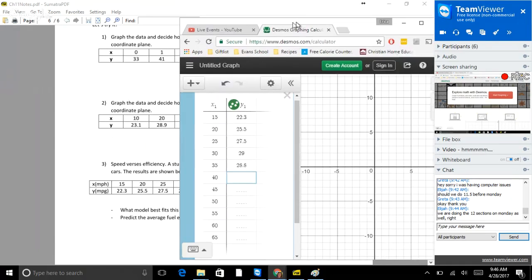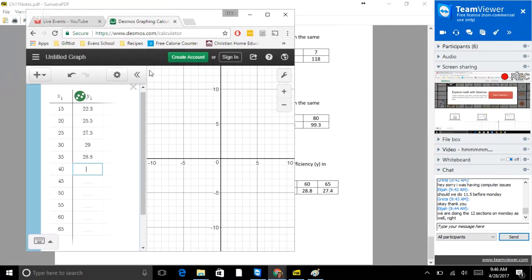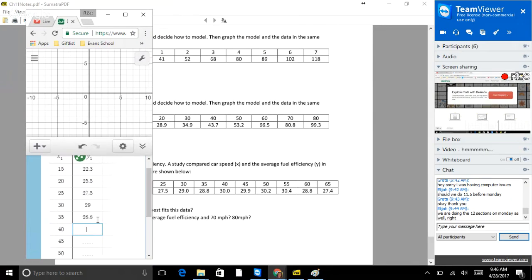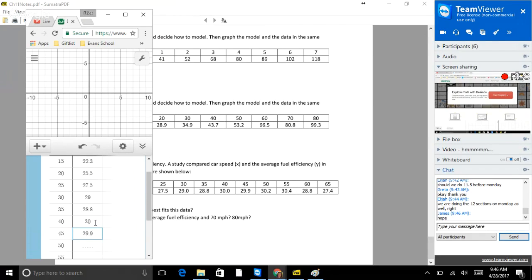Does anyone do super fuel efficiency, or do their parents do that? There are people who try to get their cars to be as efficient as possible and do things like turn off the car when they're at red lights.